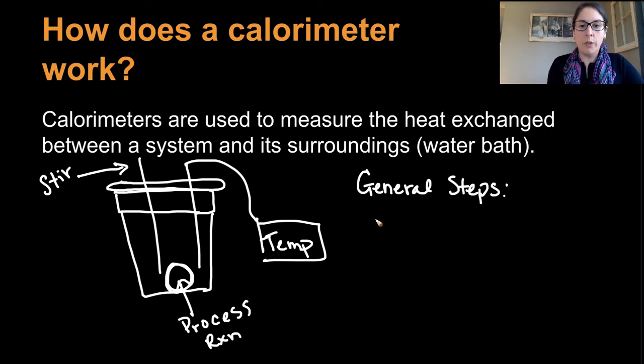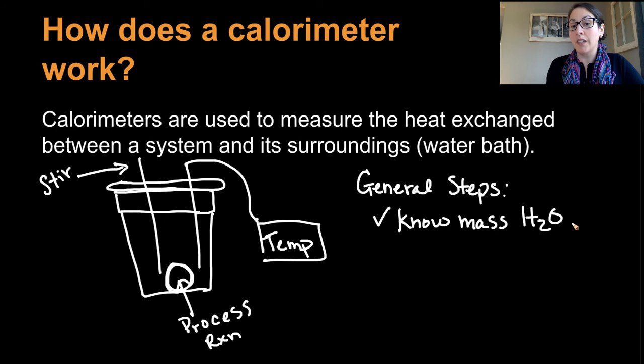The first one is that we need to know the mass of our water. Since water has a density of 1 gram per milliliter, if we know the volume in milliliters, it is equivalent to our mass. So we can easily use that.